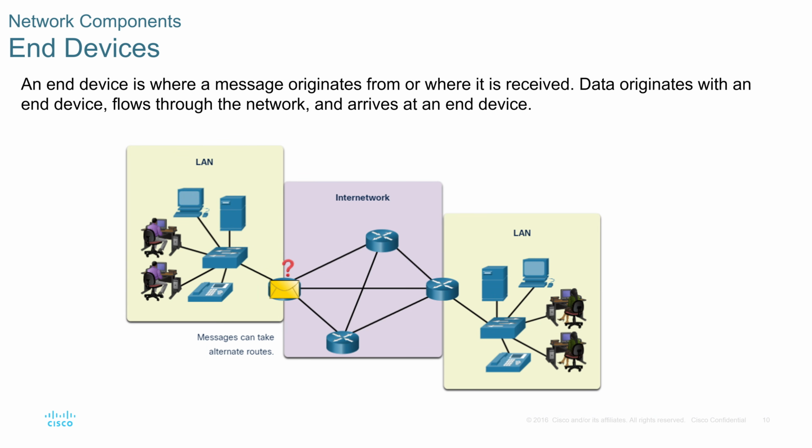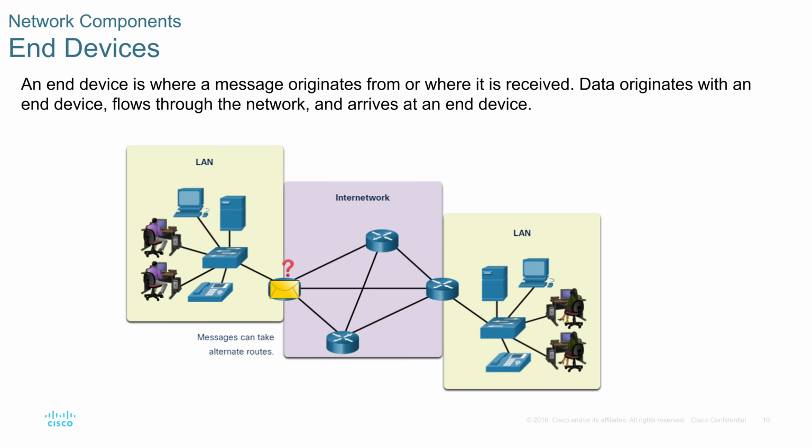The network components that are considered end devices are where messages originate from or where they are received. If you are sitting in front of a computer right now and it is connected to a network such as your home network or your office network, you are actually using an end device, as defined by network engineers, to access data.